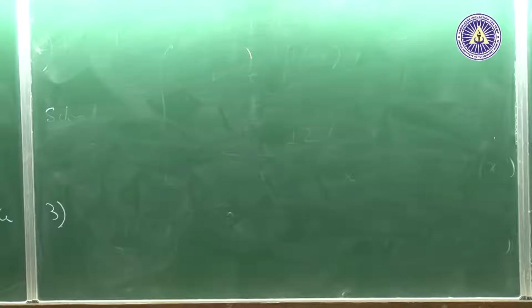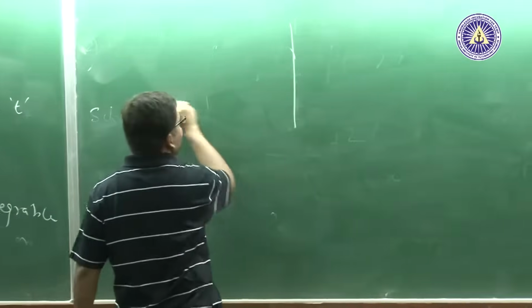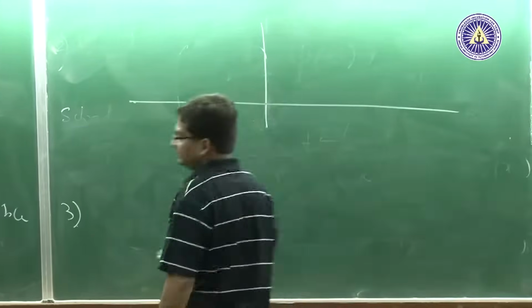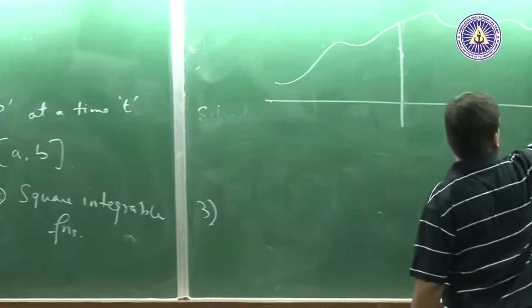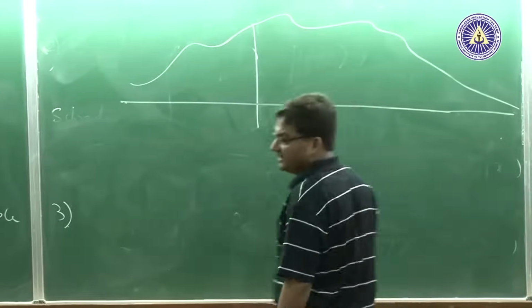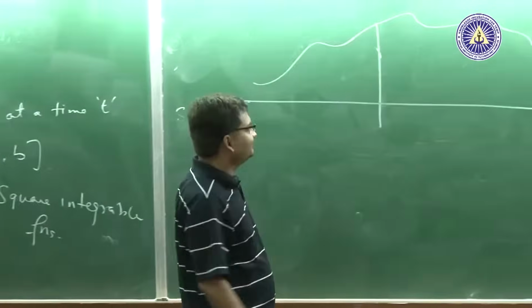Let us think of this as the area integral. So, mod psi square has to be always positive, and this integral is the area under this curve.